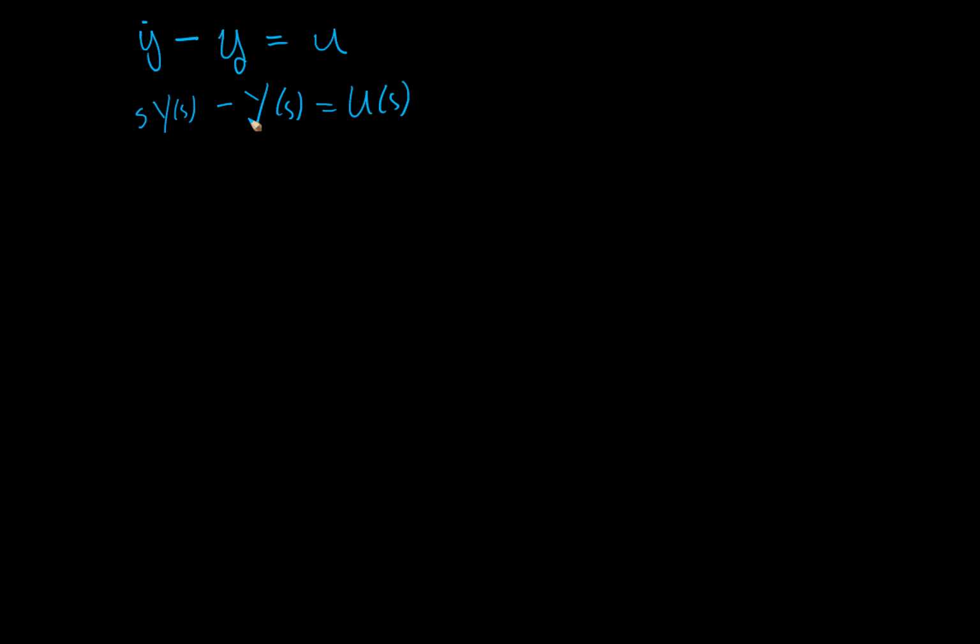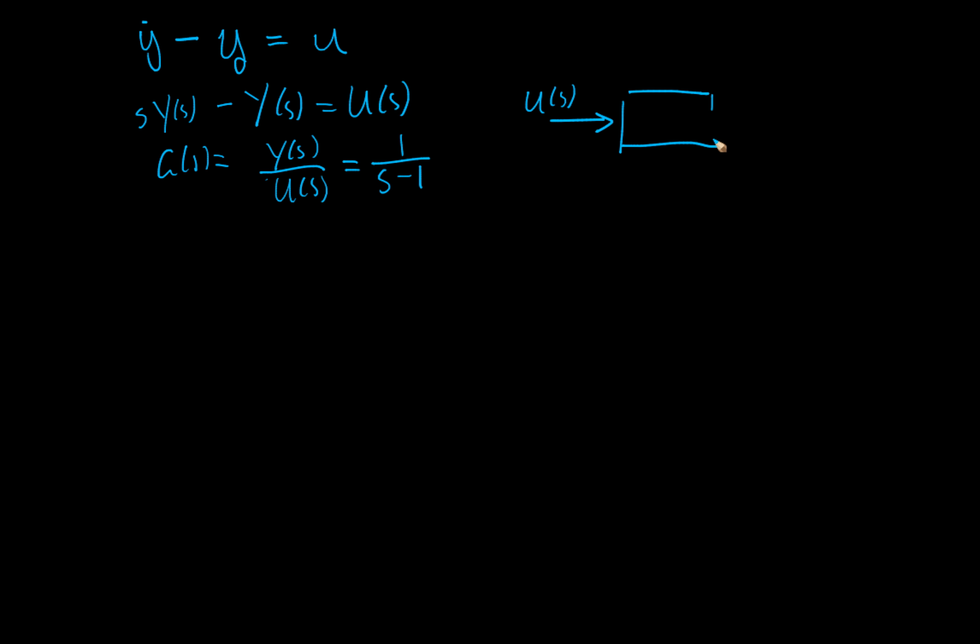And then that gives me the transfer function G(s) equals Y(s) over U(s) equals 1 over s minus 1. And we would often draw that in terms of a block diagram as the forcing function coming in from the left. Inside the block, we write the transfer function, so it's going to be 1 over s minus 1. And then the output on the other side.